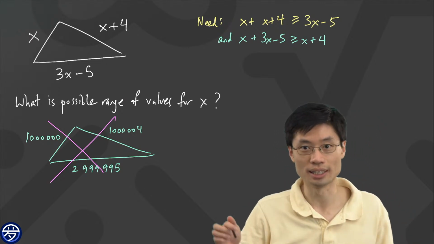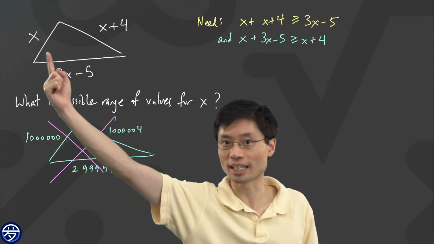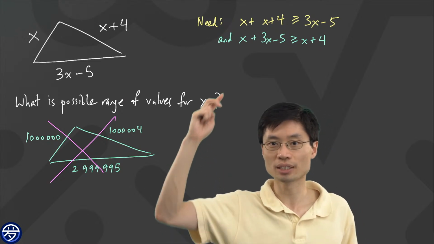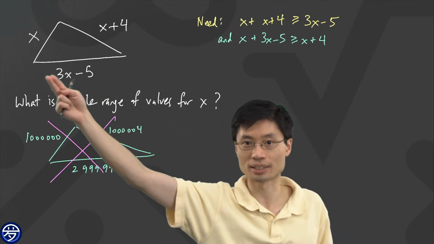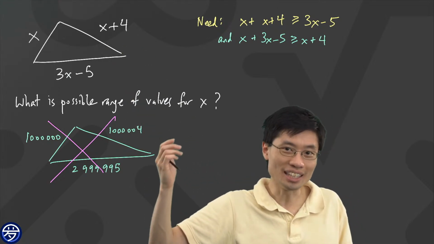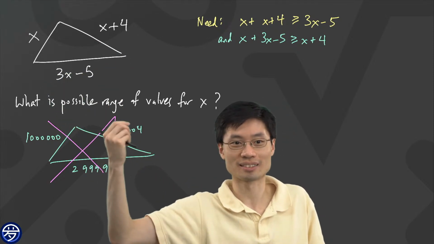Now I also need that x plus 4 plus 3x minus 5 is at least x. But the reason why I know that one has to be true is because if x plus this thing was at least x plus 4, then it's even easier for x plus 4 plus this thing to be at least only x.